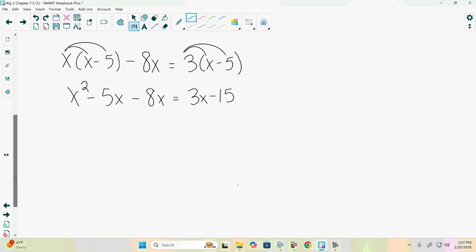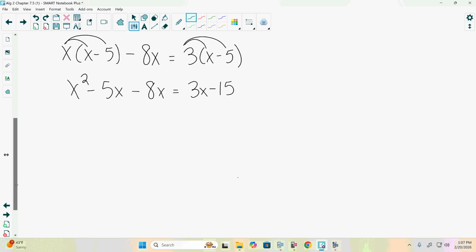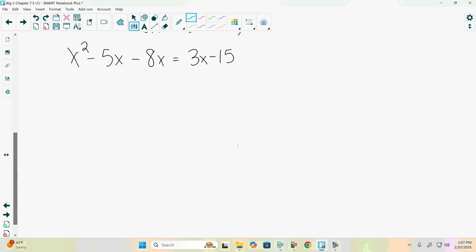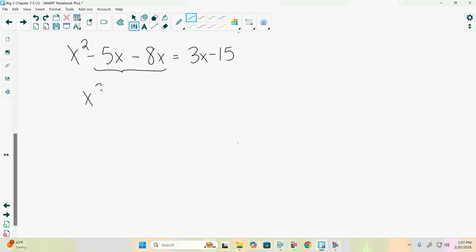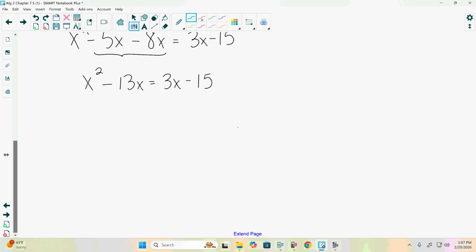And again, just like with the last one, because we do have a quadratic term, an x squared term, we will need to get this equation equal to 0. But before we do, it might be nice to get our like terms. We want to combine those. Now we can start moving things from one side to the other.